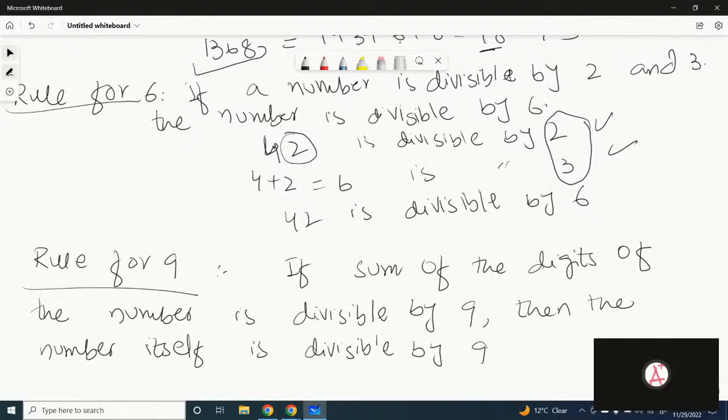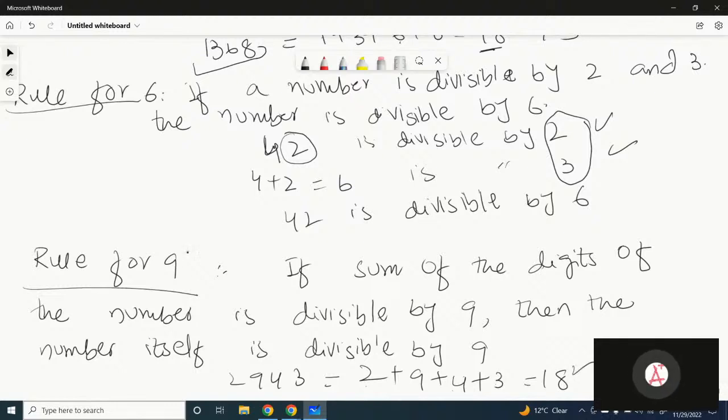For example, you have a number that is 2943. Got it? Just add up all the digits. 2 plus 9 plus 4 plus 3. It would be 9, 10, 11, 12, 13, 14, 15, 16, 17, 18.